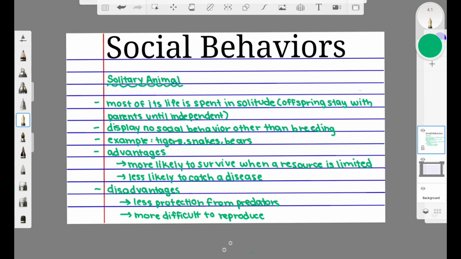So if a predator is after it, it has a higher chance of succeeding. And it's also sometimes more difficult to reproduce because it's more difficult to find another animal of that species who is also in solitude.